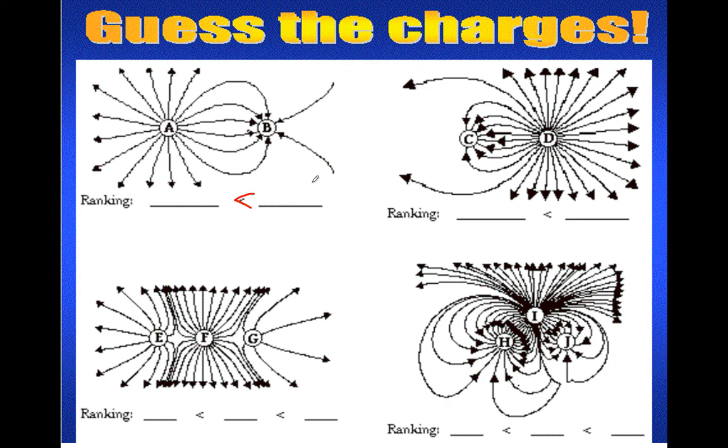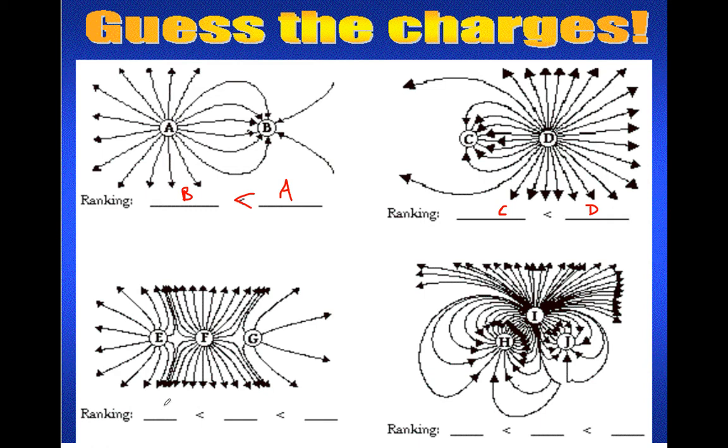All right, coming back. So remember the amount of field strength goes with the number of lines. So A has more lines than B, so we're going to say that A has a bigger field strength than B. Obviously here D has a greater field strength than C. Now you've got to look a little bit more. I like to think about which one's the greatest first or whichever one's the weakest first.